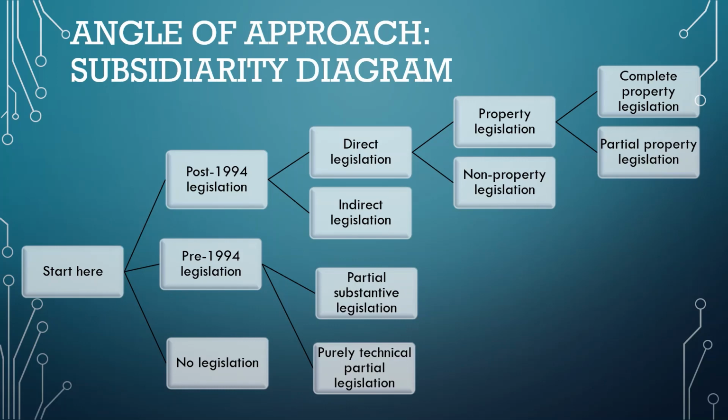Your options are post-1994 legislation, pre-1994 legislation, or no legislation. So first, you will then have to assess the possible sources and establish if there is legislation at play. If there's no legislation, you should advance to the no legislation block, which is this one here at the bottom.